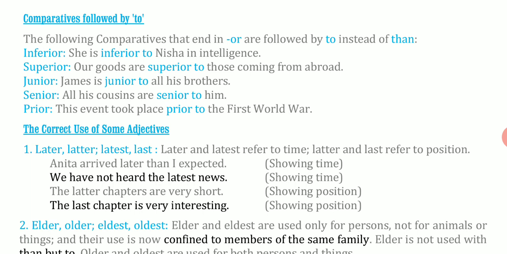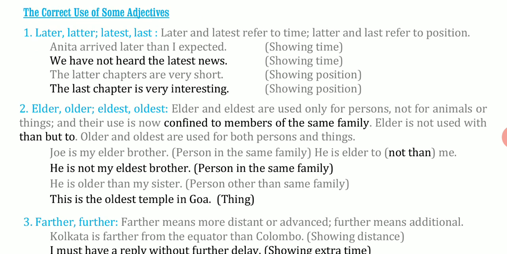The correct use of some adjectives like latter, later, latest, last. Later and latest refer to time. Latter and last refer to position. Anita arrived later than I expected, here showing time.